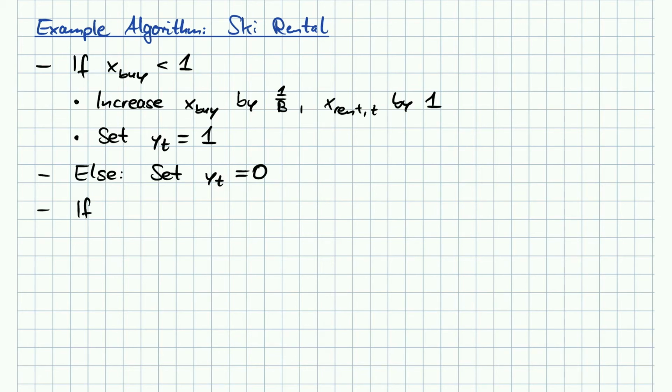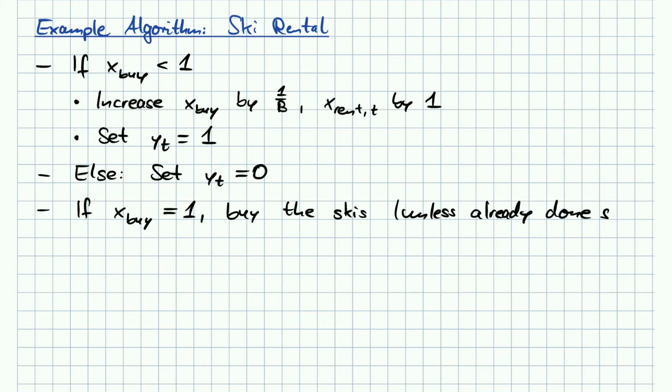And to turn this not only into a fractional solution but also into an integral solution, I also say that if now these buy variables are 1, then I want to buy the skis, otherwise we rent them.